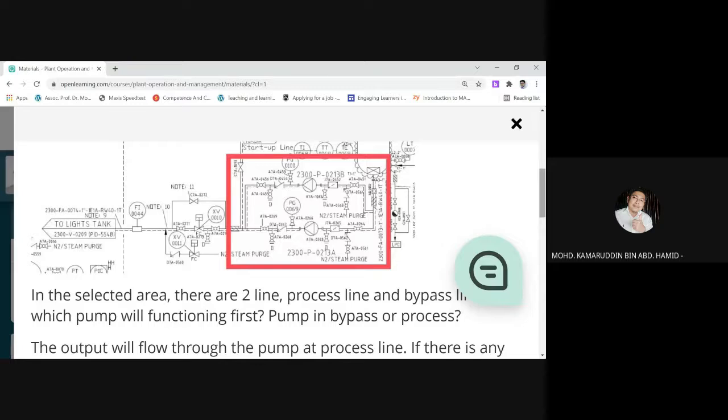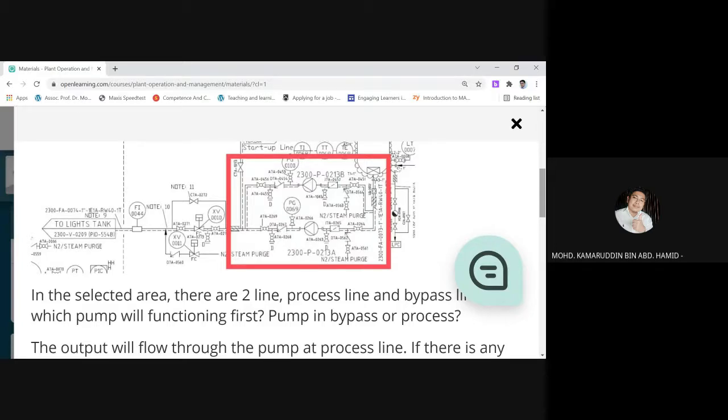Is there any other equipment rather than pump, rather than expander, rather than compressor that can help you in increasing or decreasing pressure? Ada tak? That equipment itself.